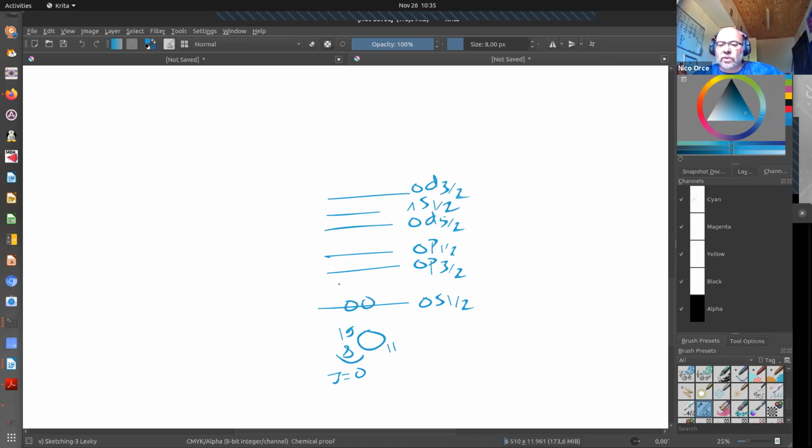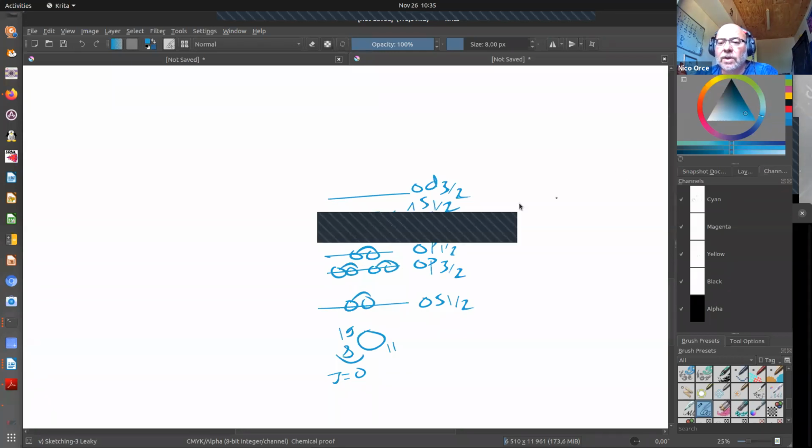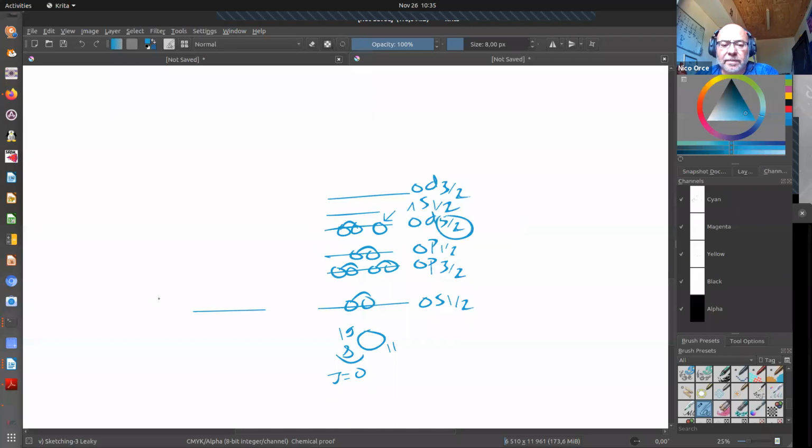So 1, 2, 3, 4, 5, 6, 7, 8, 9, 10, 11. Again, this guy is coupled to J equals 0, so this guy is the odd particle. According to this, the first excitation should again be 5/2, right?